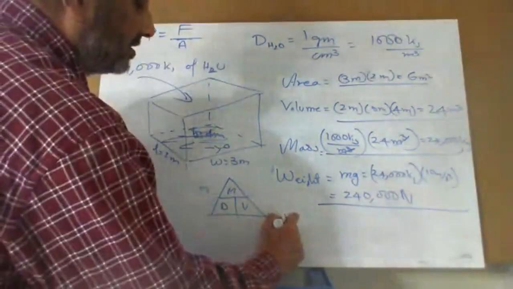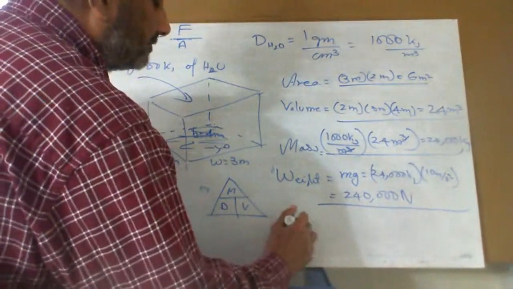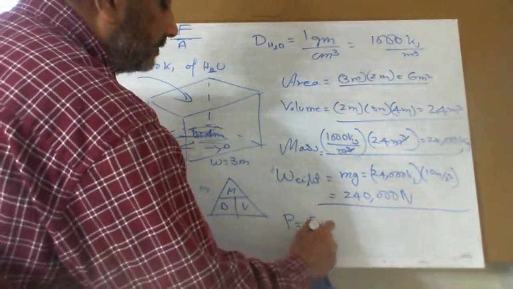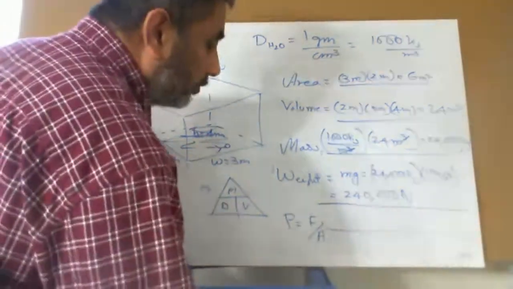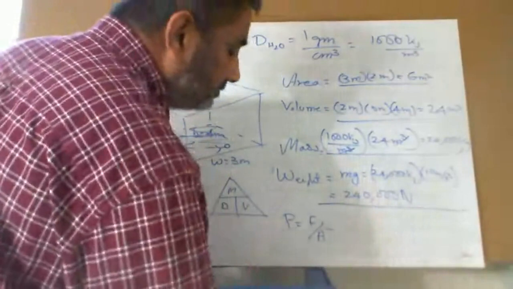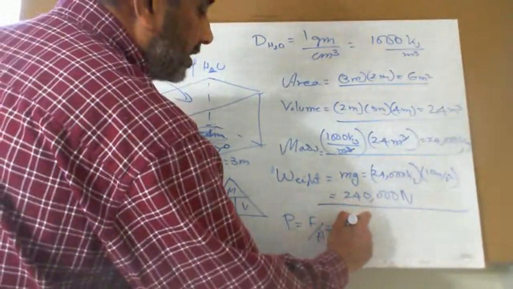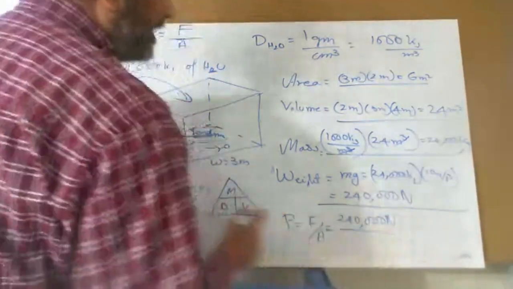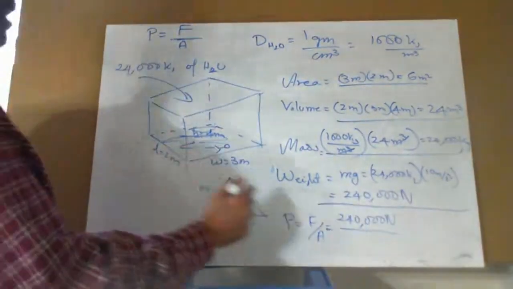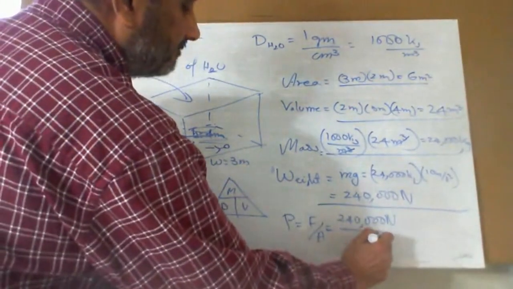So what is the pressure? The pressure at the bottom, which is force over area, would be what? The force is the weight, which is 240,000 newtons, and the area at the bottom is 6 square meters.